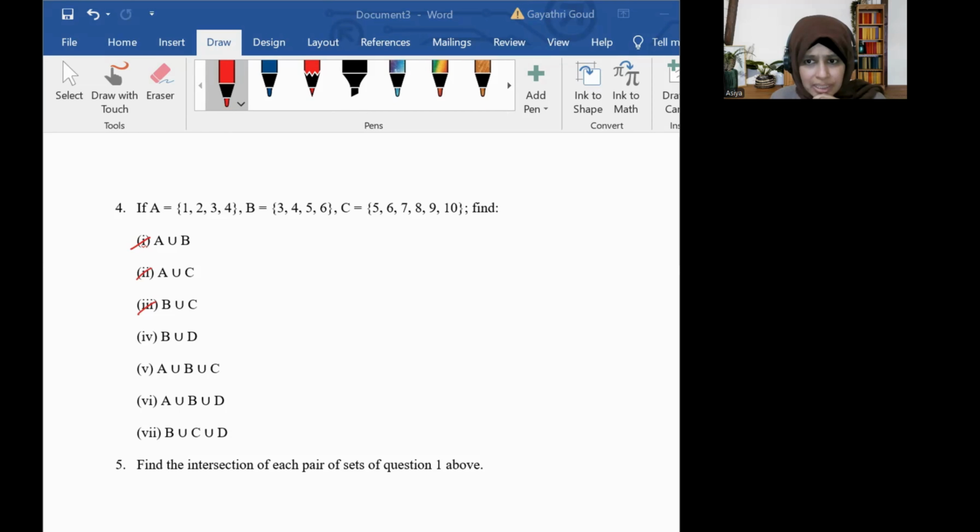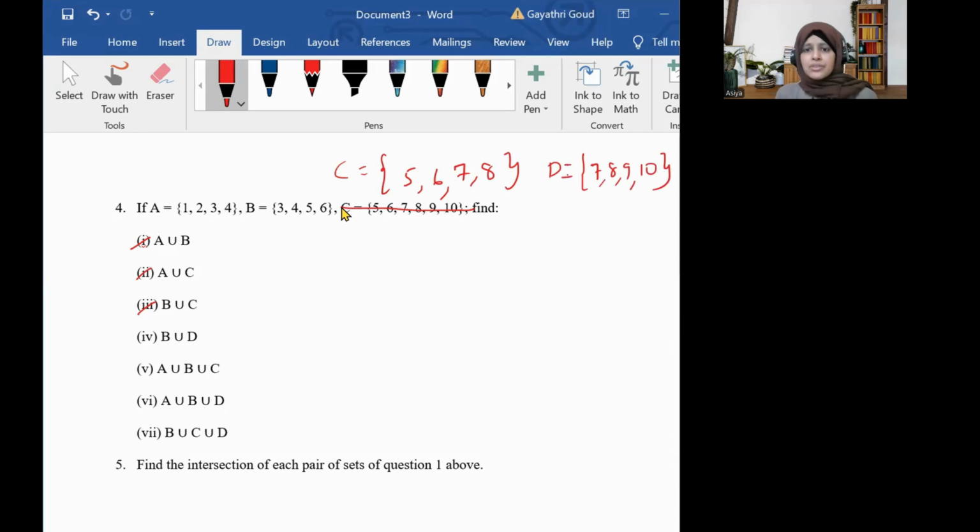Let me correct this for you. C contains 5, 6, 7, 8, and D contains 7, 8, 9, 10. I hope this is okay now.